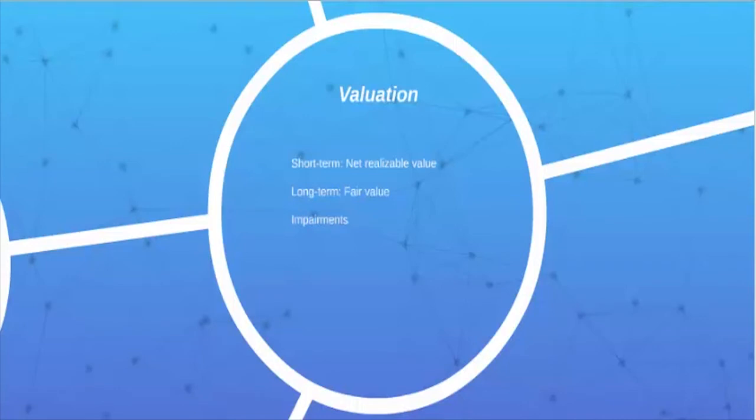Another item to consider with valuation is impairments. We've discussed impairments before, but a receivable could become impaired, and this is when you don't expect to collect all of the principal and interest on the notes. It's kind of similar to uncollectible, I guess, but a little bit different here.